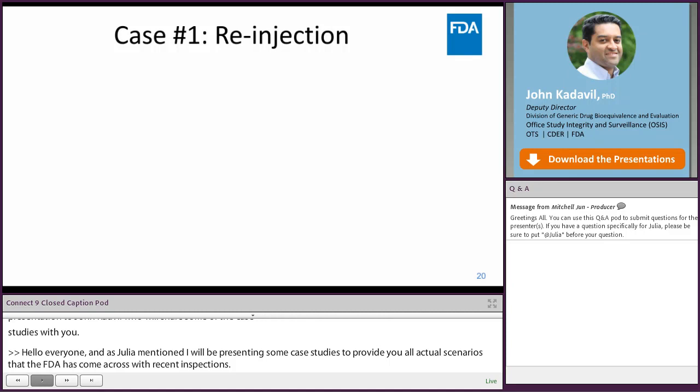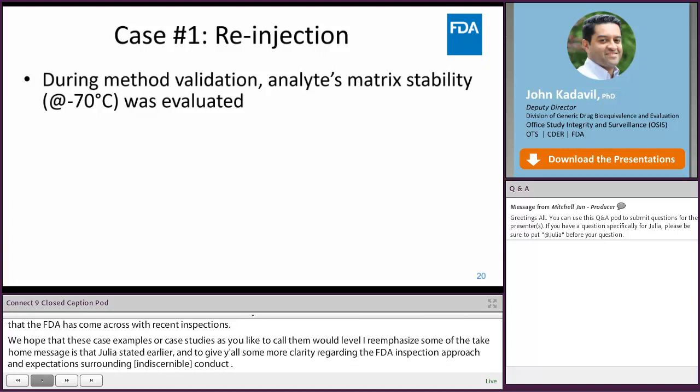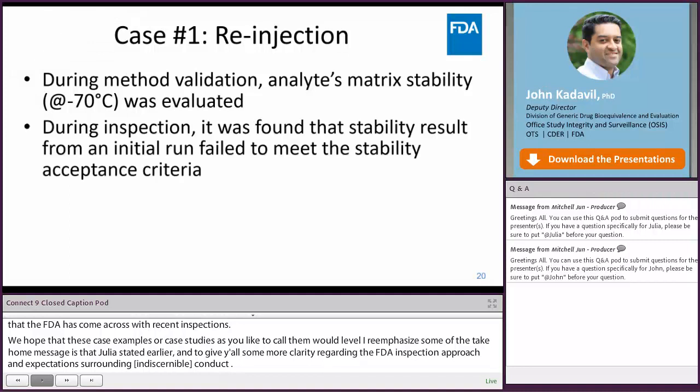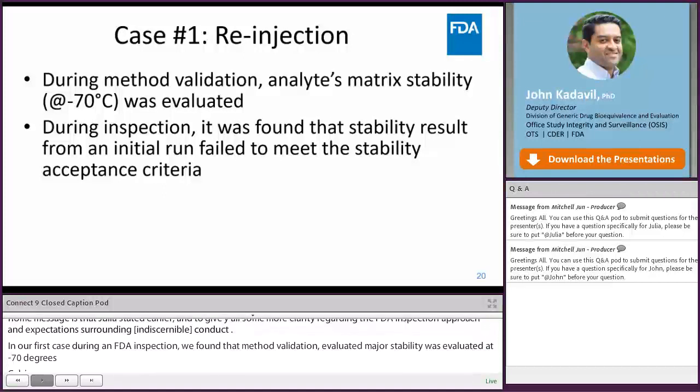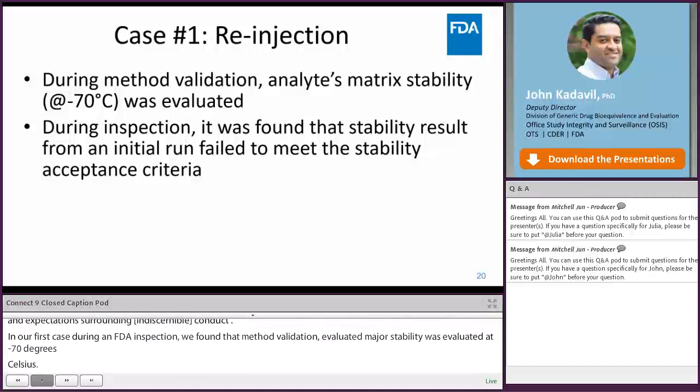In our first case, during an FDA bioanalytical inspection, we found that method validation evaluated long-term matrix stability for the analyte of interest at -70°C. However, during the course of the inspection, we found that stability data from an initial run failed to meet the firm's a priori acceptance criteria for long-term matrix stability.